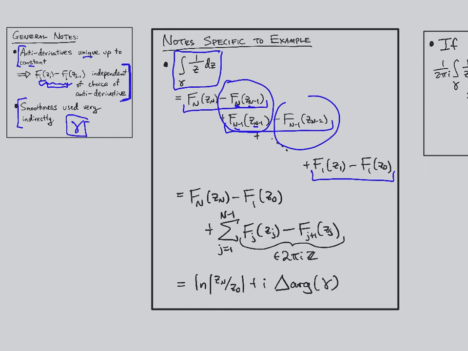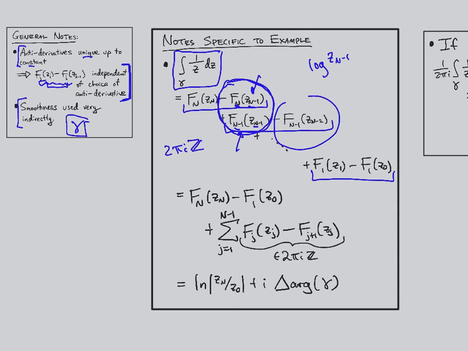Notice the F's are all different branches of logarithms. So here we're going to get a difference of the values of the log of zn minus 1. These are two different choices of logarithm of zn minus 1, and so they have to differ by 2 pi i times an integer.